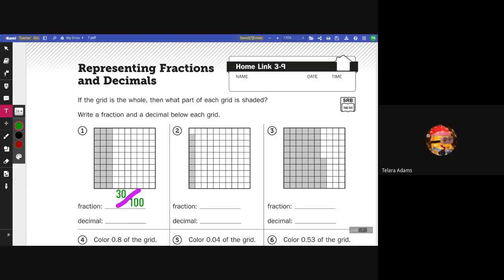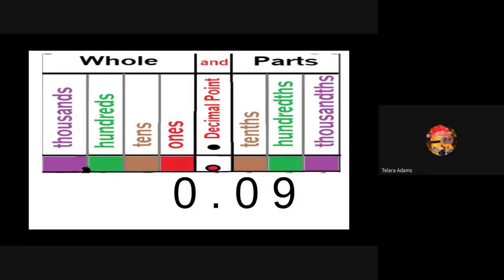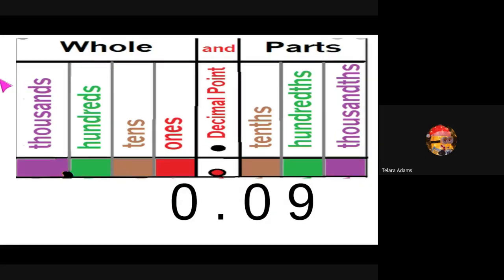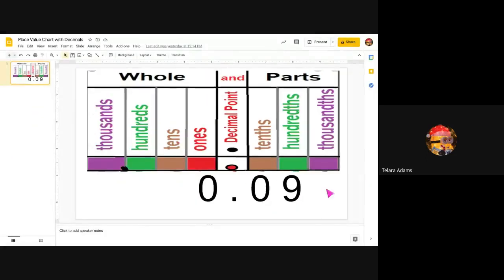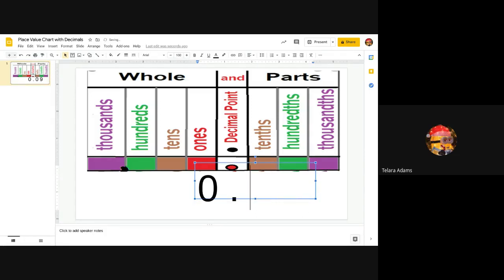If my fraction is 30 100ths, how can I write that as a decimal? It may help looking back at this chart. I'm going to my chart. I can see that this is my hundredths place value. 30 hundredths.